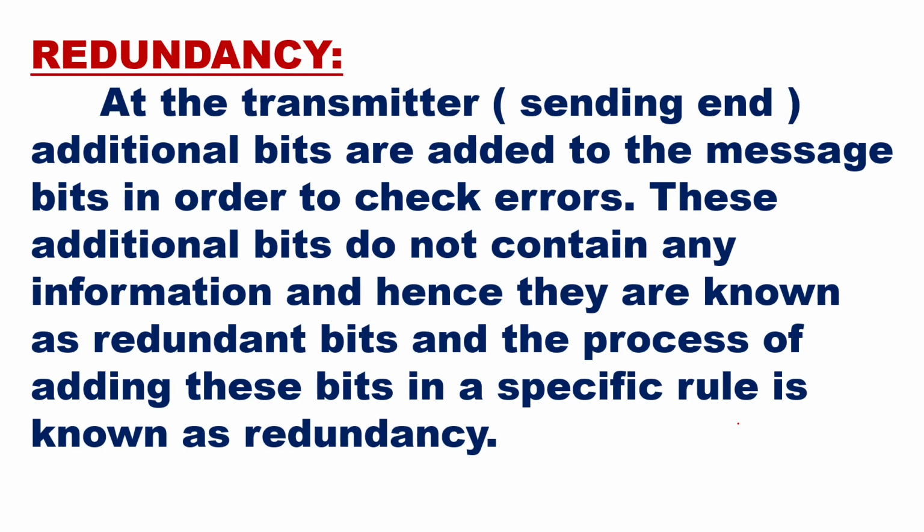Afterwards, when you receive the signal, you check the pattern of the redundant bits and you understand whether an error has taken place or not. Then while extracting the information, you eliminate those extra bits and take only the information bits so that you can understand the information.